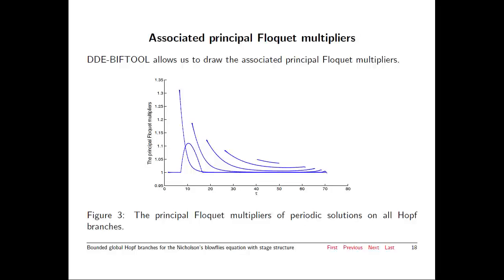They have different attracting domains: the first branch has the larger period, and the second branch has the smaller period. Biologically, that's really kind of interesting.